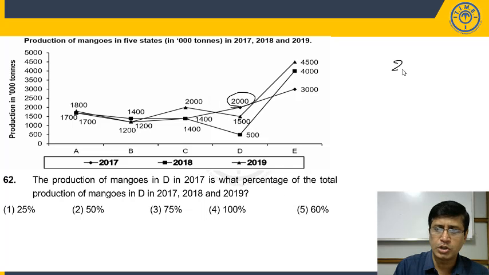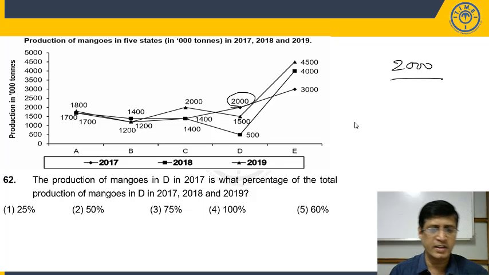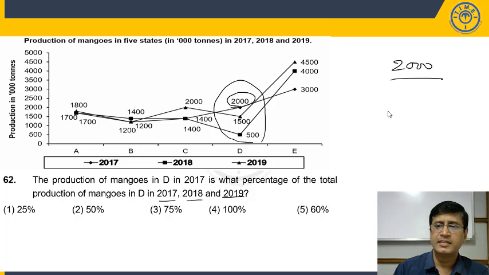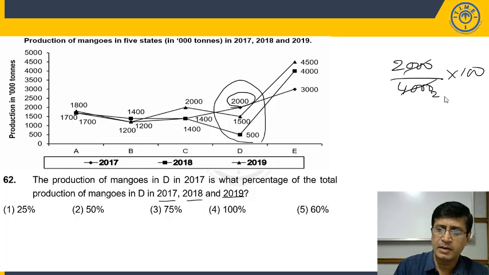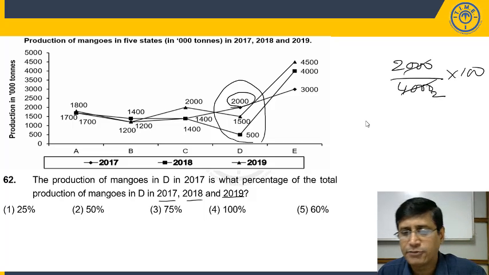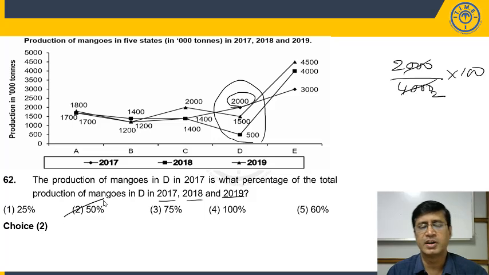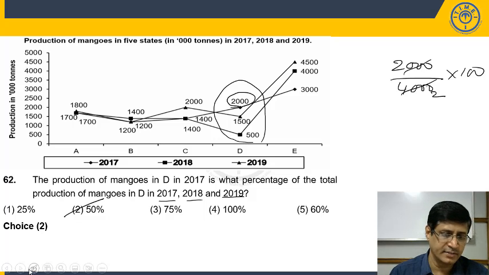So 2000 upon, what is asked here? The value of D in 17, 18, 19. So total value means here 2000 plus 1500 plus 500. That is 4000. So 2000 by 4000 into 100. Simplify, it will give half. Half means 50%. 50% right choice, option number 2. Second choice is the right answer.